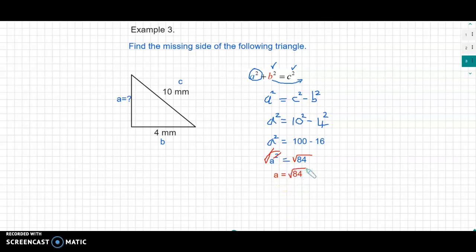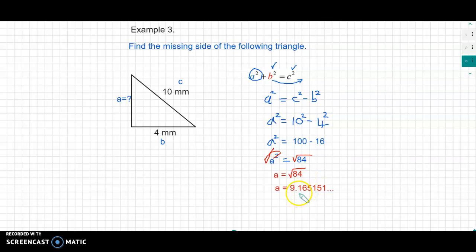If we take the square root of 84, that will be 9.16, a equals 9.16 51 51, and it continues. Remember that in all of these examples we are going to approximate to the nearest hundredth.